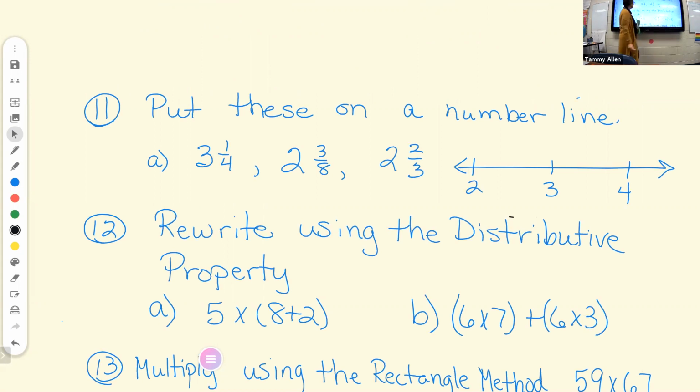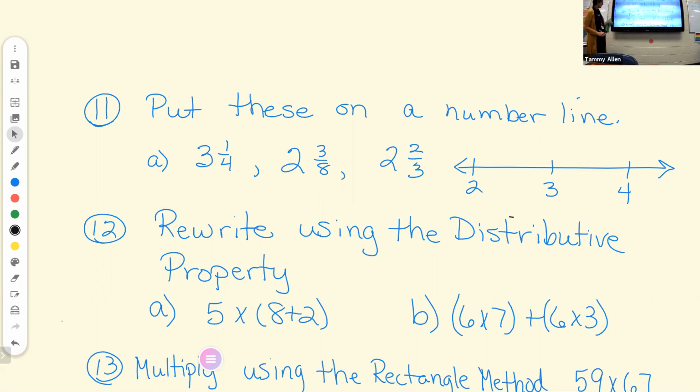Tell me when to stop for 2 and 3/8. Peyton, 2 and 3/8. Somewhere in there. 2 and 2/3. Kyler, ready? Stop. Yep, somewhere in there. Okay, questions on that? All right.